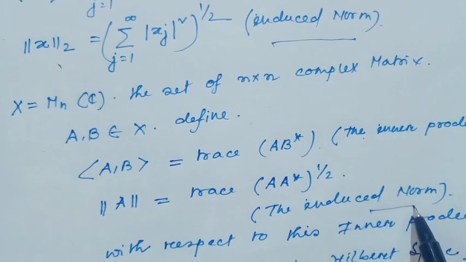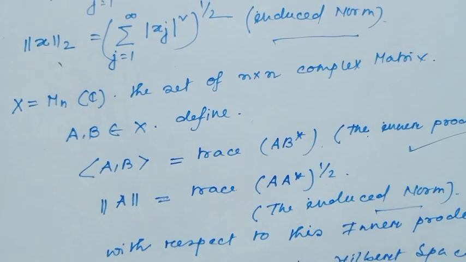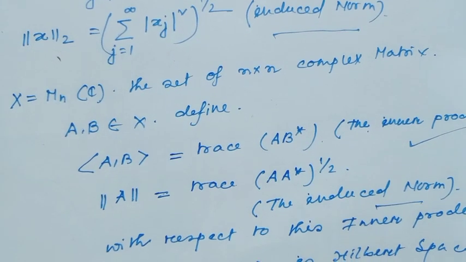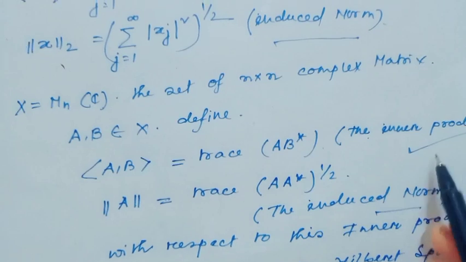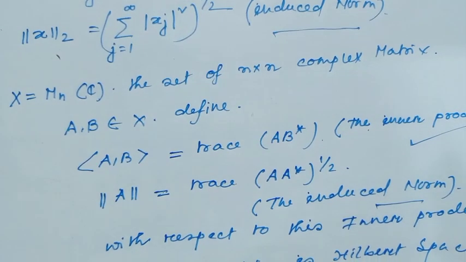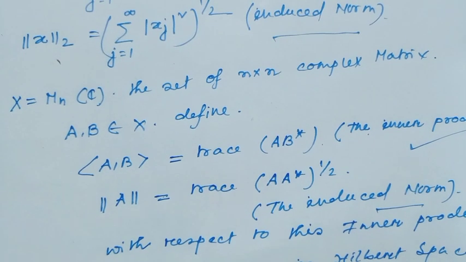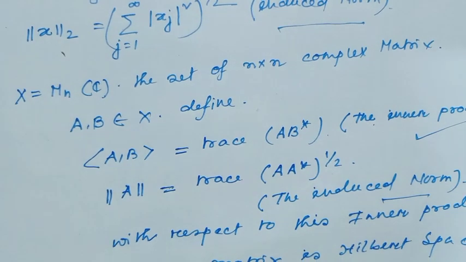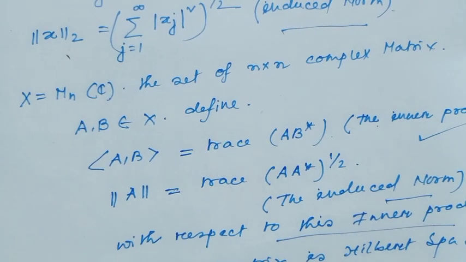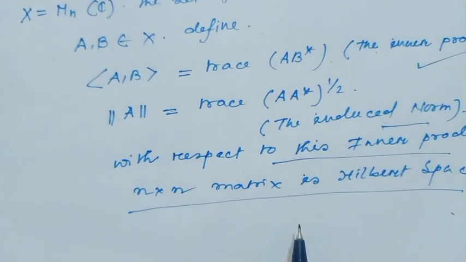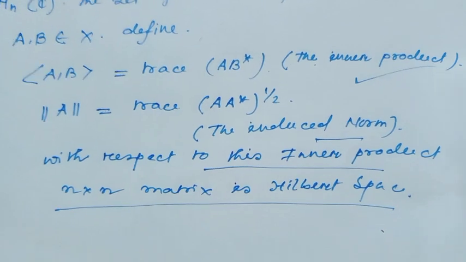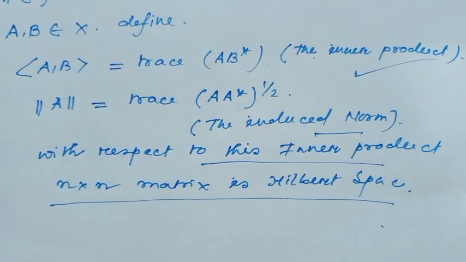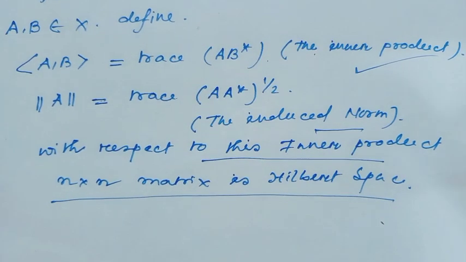This is actually the induced norm with respect to this inner product, and this inner product space is a complete metric space. So with respect to this inner product, the n cross n matrix space is actually an example of a Hilbert space. I hope all my viewers have understood what a Hilbert space actually is.